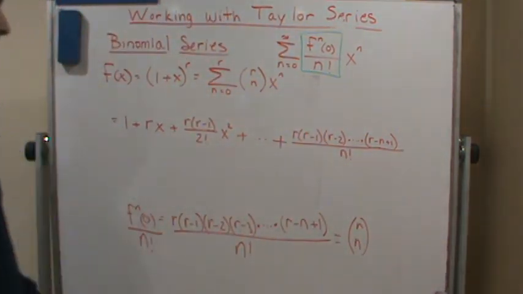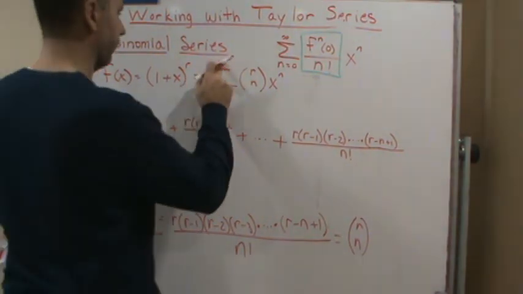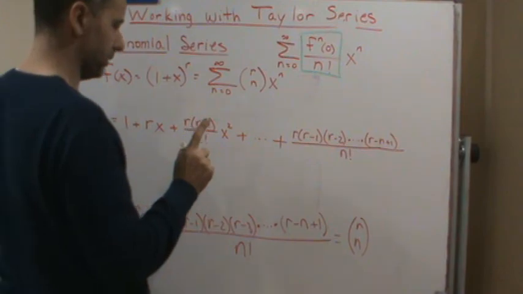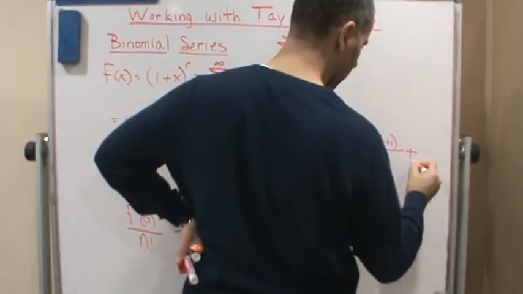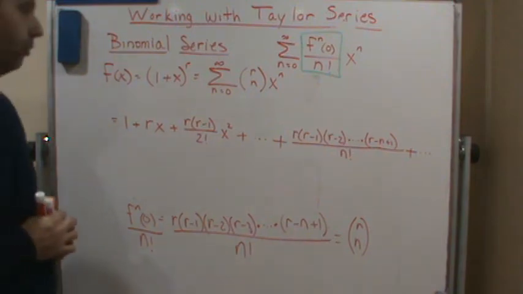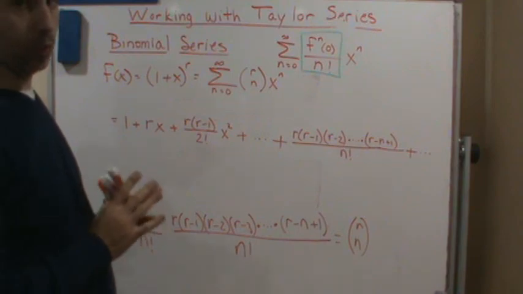There we go. But now the thing is, oh, wait, hold on a second. This is not a finite series. This is an infinite series. So this continues to go on, because again, we're talking about all real numbers.